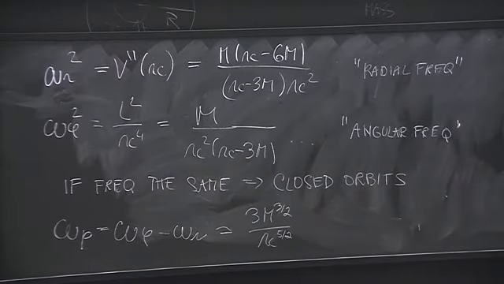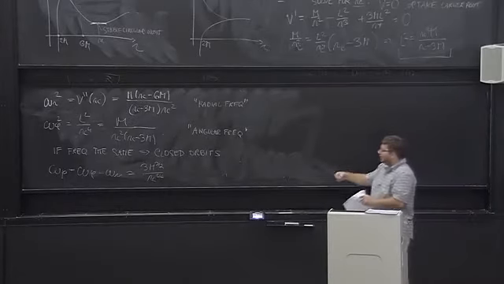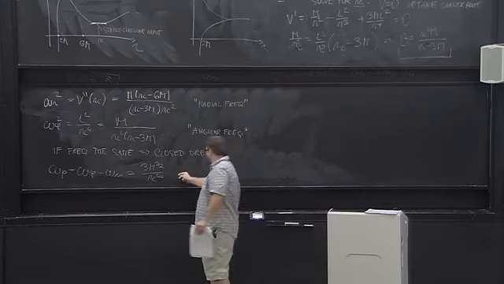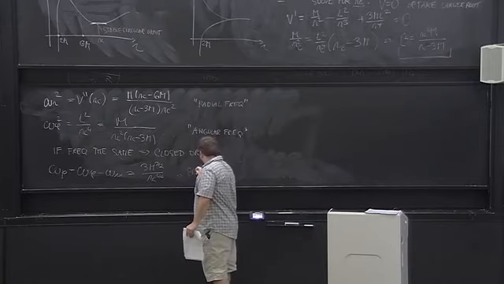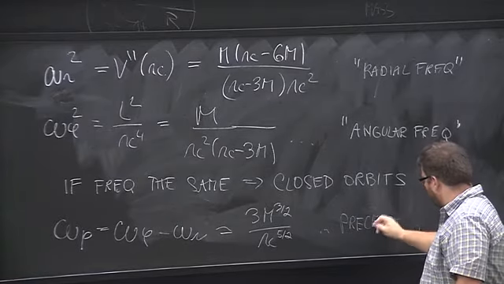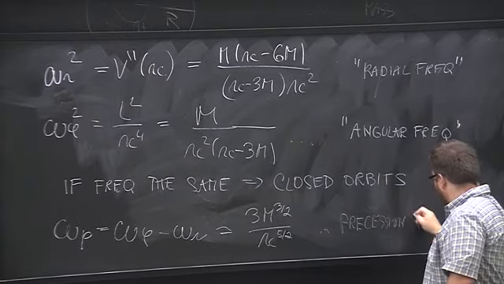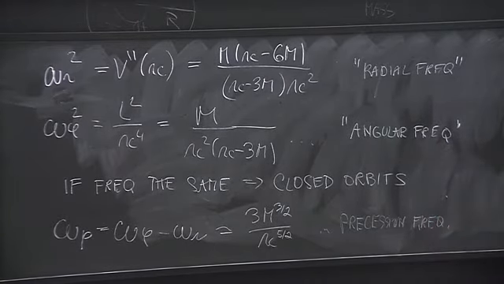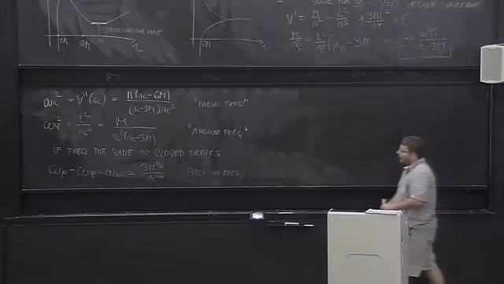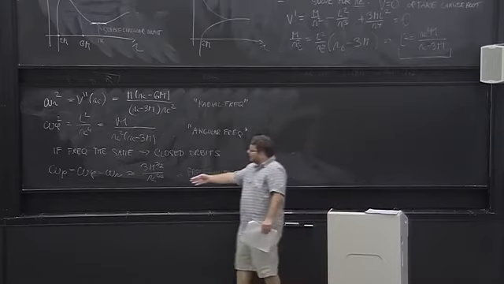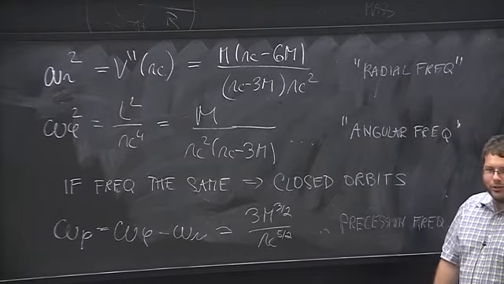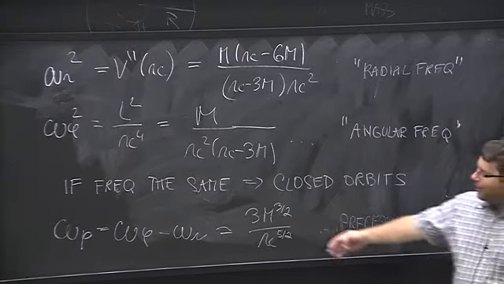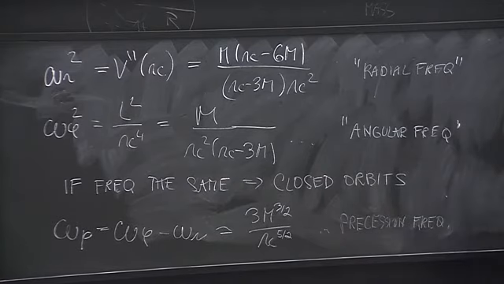This is precisely how fast the angle is precessing. So this is the precession frequency. If you are interested in how much angle is swept, you just multiply by 100 years, that's my century, and you will find 43 arc seconds.